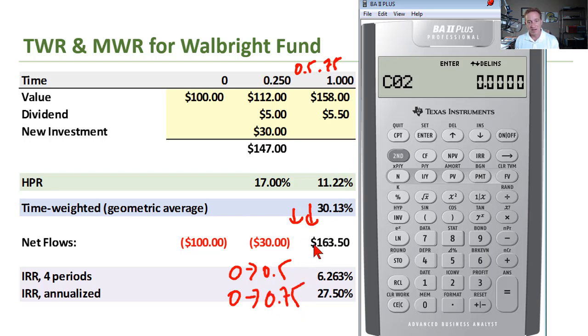And then our final input will be the 163.5 at the 1.0. So you see how we need to enter in those zeros in order to treat the fact that we've got all of the sub-periods entered into the calculator. Otherwise, we would surely distort this.